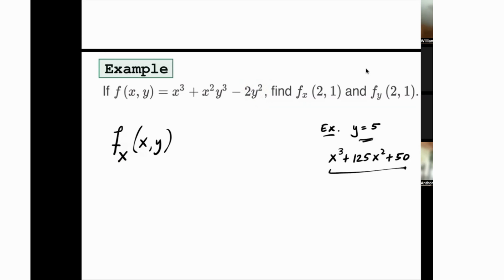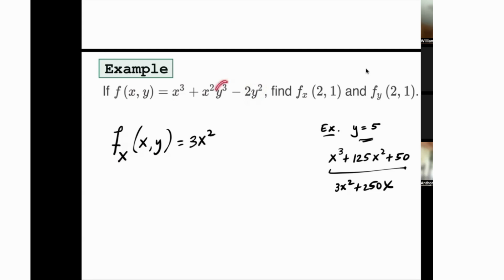And if I asked what's the derivative of that, you could say, well, that's easy. I took Calc 1. The derivative is 3x squared plus 50x plus 0. So when you're taking a partial derivative with a general y, all you have to do is imagine that y is constant. The derivative of x cubed is 3x squared.